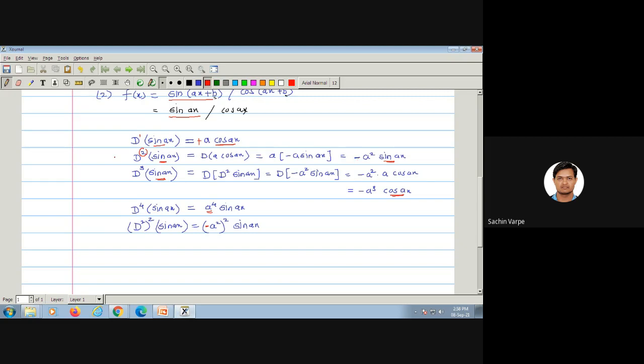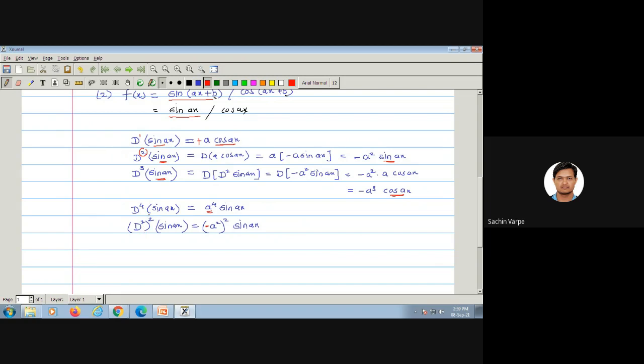Like the d square term is negative, and the d raised to 4 term is positive. So here I'm trying to write the relation in general.